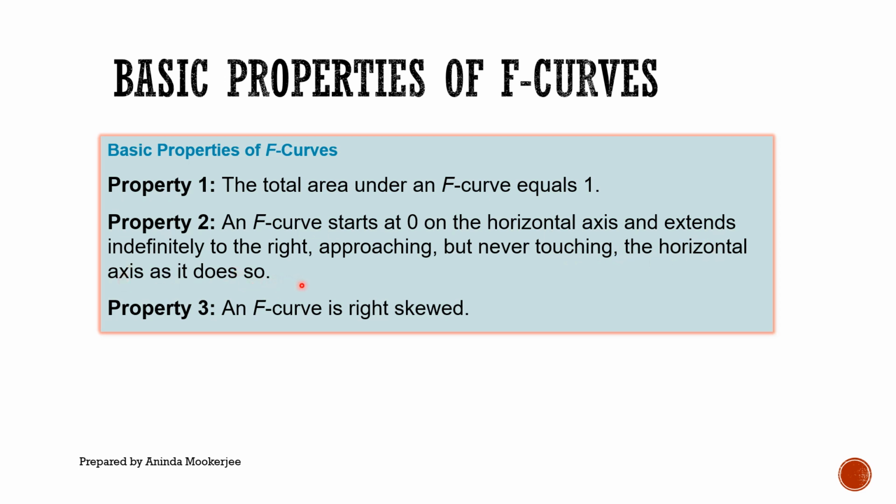As we saw in the diagram before, the lowest value an F value can take is 0, and then it increases. Property 3 says an F curve is right skewed, the same as with chi-squared curves, and therefore the testing that we will perform will always be right tail tests.